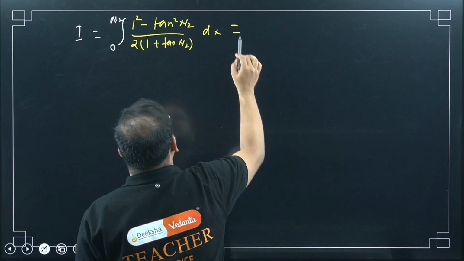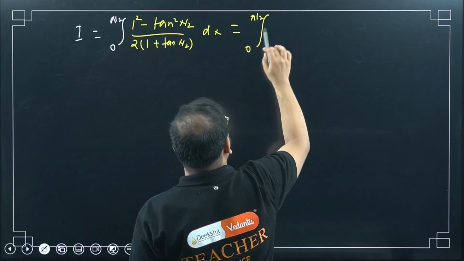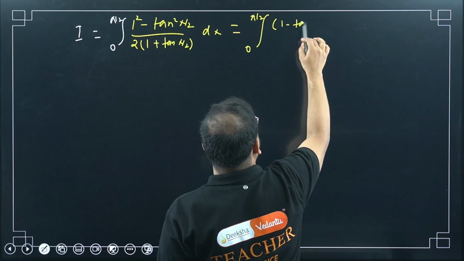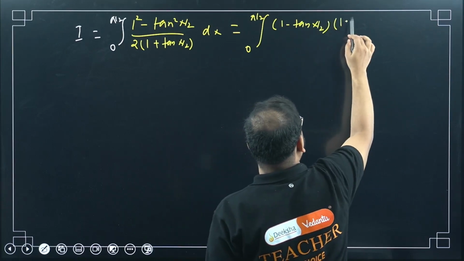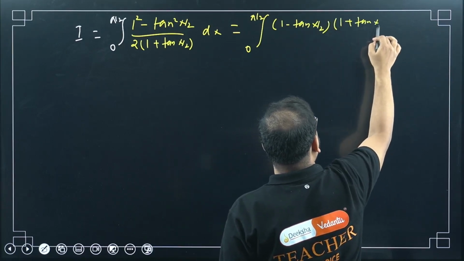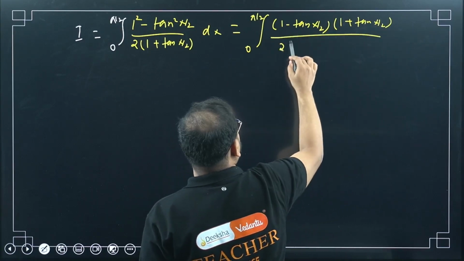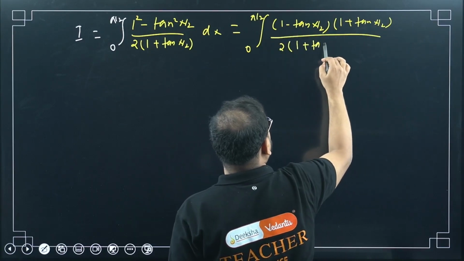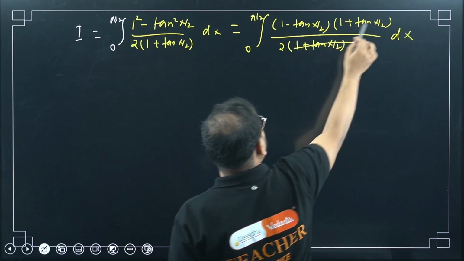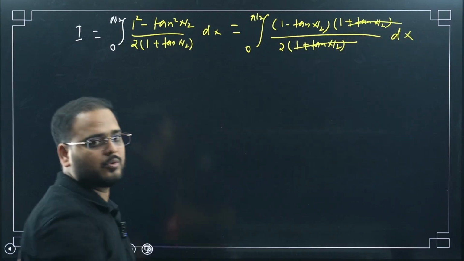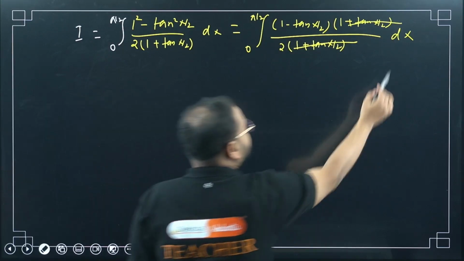This I can write as integral from 0 to pi by 2, again this will remain the same, 1 minus tan x by 2 and 1 plus tan x by 2, this whole thing divided by 2 times of 1 plus tan x by 2 dx. Okay, not visible, looks confusing.